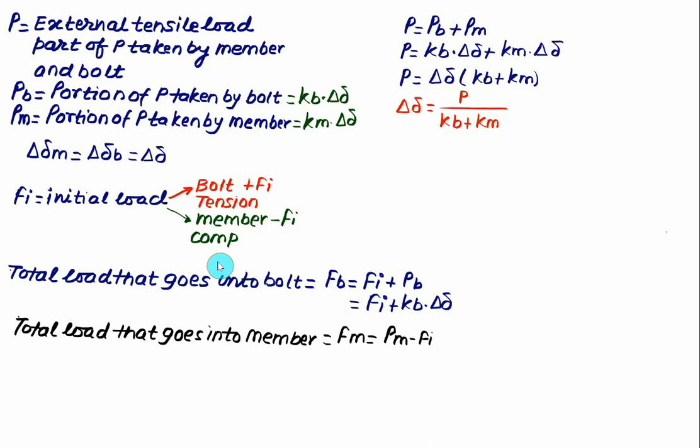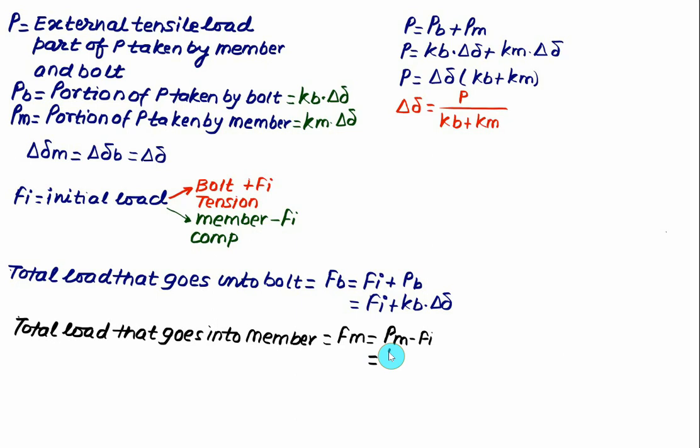Similarly, out of the external load P, Pm will be the portion of the P taken by the member, and for member Fi is a negative value because of compression. So total load that goes into the member is Fm is equal to Pm minus Fi. Here we can replace Pm is equal to Km multiplied by del delta.